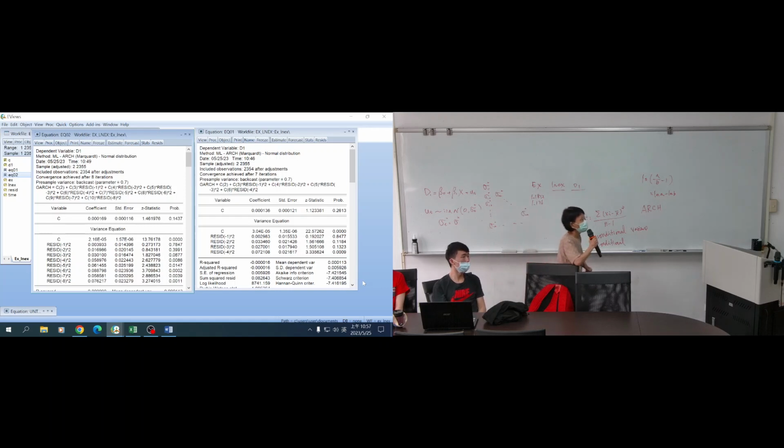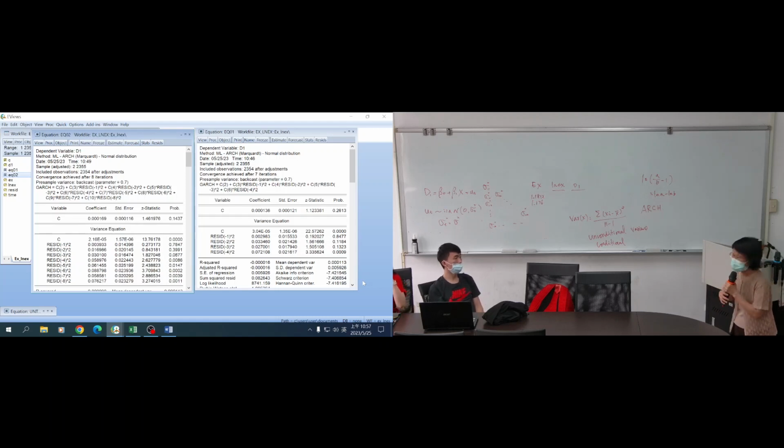Because this one is using what we call maximum likelihood estimation. When they do the maximum likelihood estimation, they have to do trial and error. Usually they will converge within 8 iterations. Iteration means they have to try.